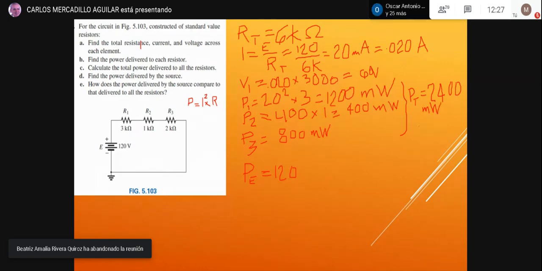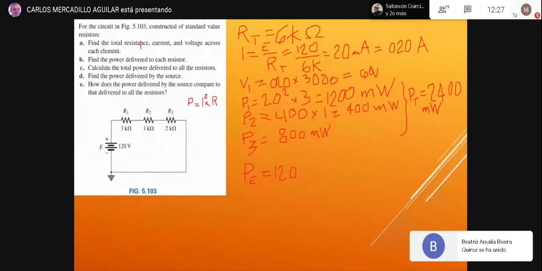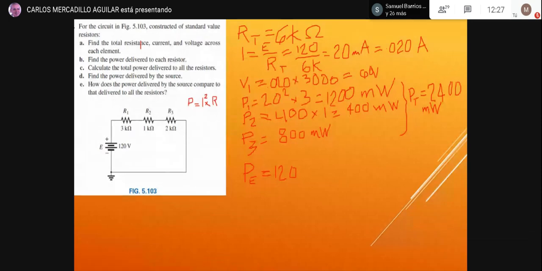¿Está bien? 8 y 6, 14. 1400. Me hace que está mal la suma, ¿no? ¿Quién me ayuda a hacer esa suma? 1200 más 400 más 800.